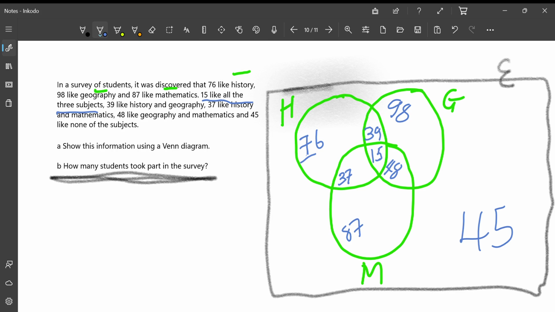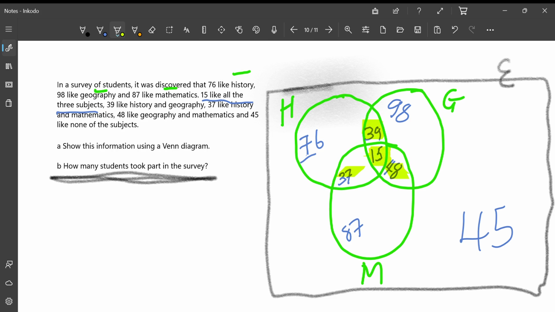So first of all, let me talk about the inner circles too. If you notice these circles I'm about to shade, this place here and here, those are the points where a student likes two subjects. Like this first one, they like history and geography. But inside that history and geography, there are some who like history and geography, but they also like mathematics.